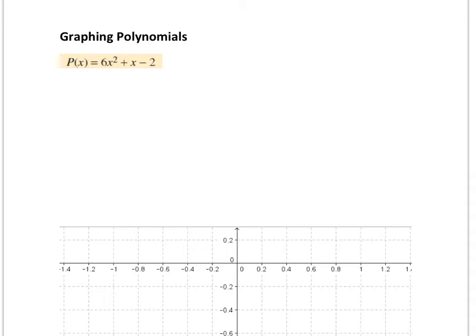Alright, so I've got 6 in the front, plus 1 as the second term, and minus 2 as the last term. Now I'm focusing on that last term. It's a negative, so it's minus 2. I'm looking for two numbers that multiply to give me minus 2, or just multiply to give me 2, that have a difference of 1.